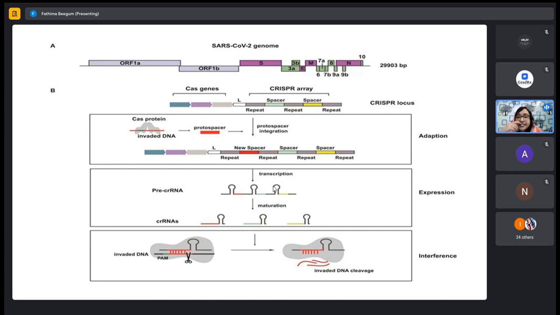So the invading virus is destroyed and thereby the prognosis of infection can be improved. This is applicable not only to COVID-19 but to all infectious diseases, because by using CRISPR-Cas9 technology we can break the DNA of the particular viral or infection-causing organism and thereby destroy it.